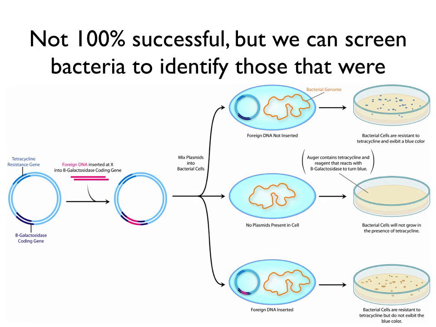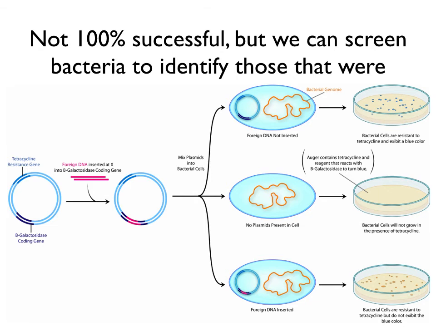If you look at the top option here, some of these bacteria will receive a plasmid. They'll take it in. Okay, the bacterial genome is present in all of them, but some of the bacteria take in a plasmid. But the plasmid that they take in might not have had that foreign DNA incorporated into it.